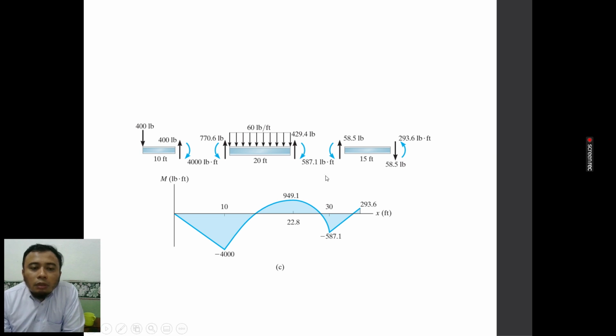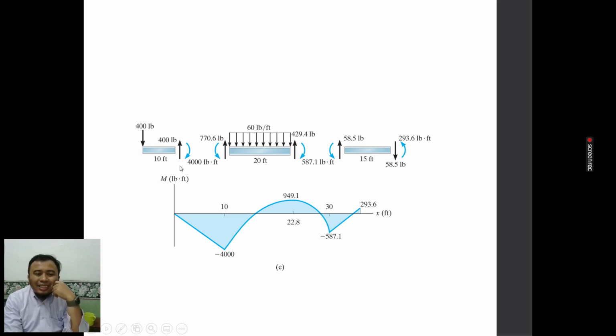It is important for you to remember that when you draw the bending moment diagram, the value of a moment here, which we denote as positive, but in drawing the bending moment diagram, when the moment makes it concave, like a sad face, not a smiley face, it becomes a negative moment.